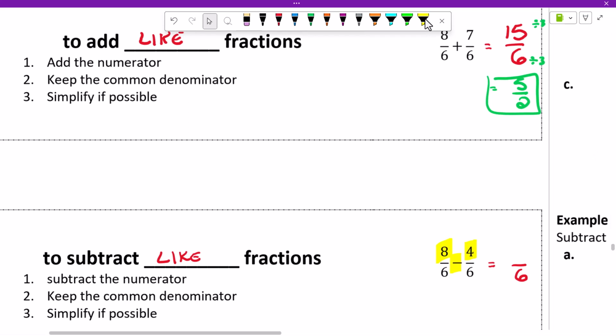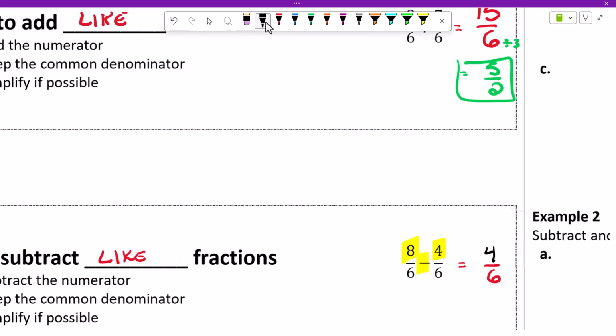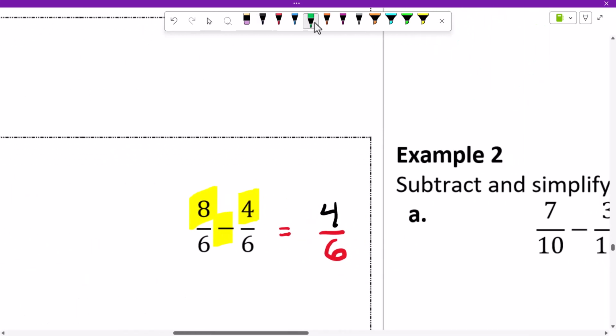What number do we get there? 4. Thank you, Aya. Now we look at our final answer. We have the 4 sitting there, so we have 4 over 6. Can we make this final fraction smaller? Yeah, and we'll divide it by what number? 2. They're both even numbers, so we divide by 2.